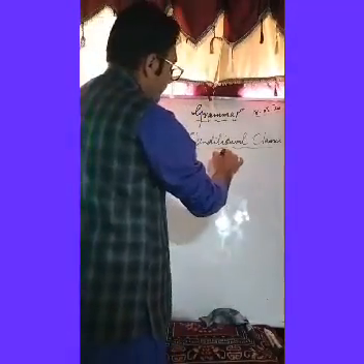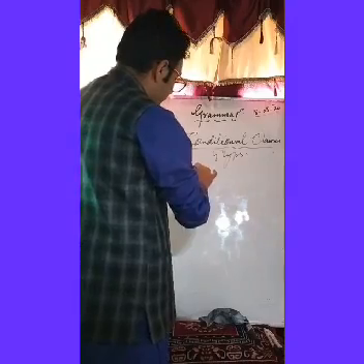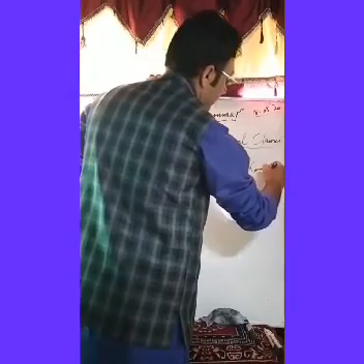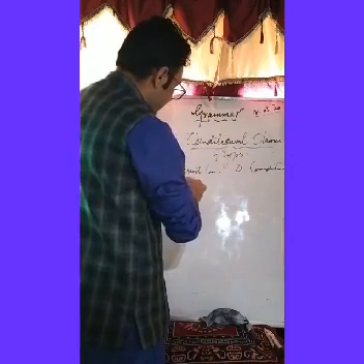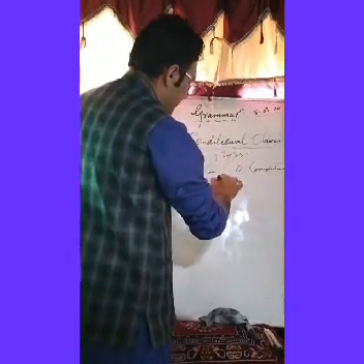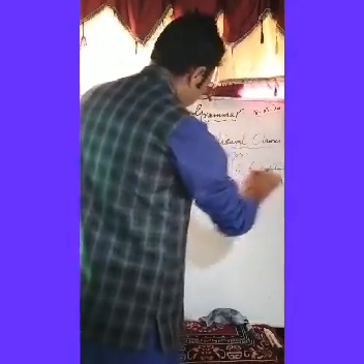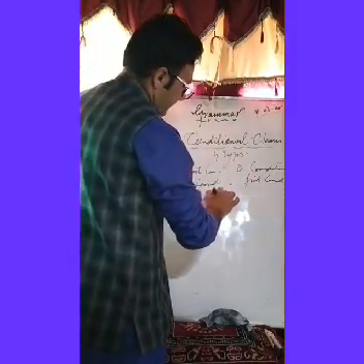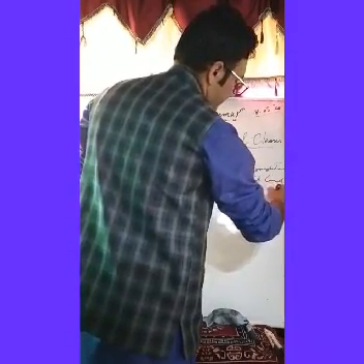And we have 4 types of conditional clauses. One is called the present conditional clause, also termed as zero conditional. Second is the will condition, also termed as first conditional. The third one is the would condition, also termed as second conditional.